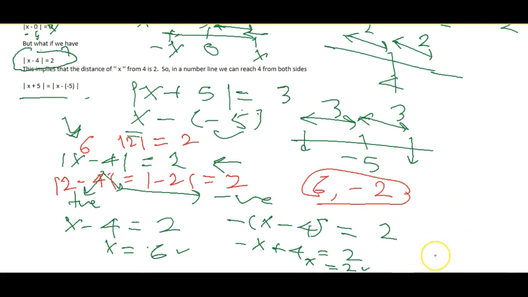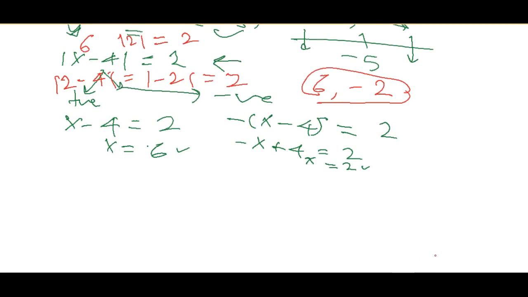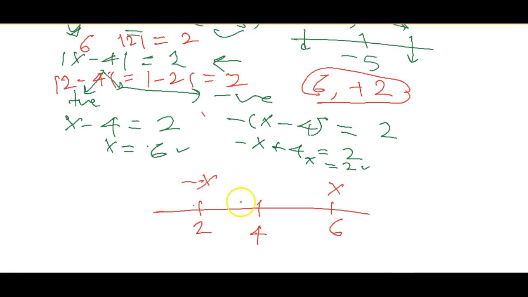Let us see whether on the number line also we can get the same answer. So let me draw another number line. We had this value as 4. This is plus 2, this is minus 2. So our first answer was 6 and our second answer was 2. Now the distance of this point x from 4 in both cases is 2.